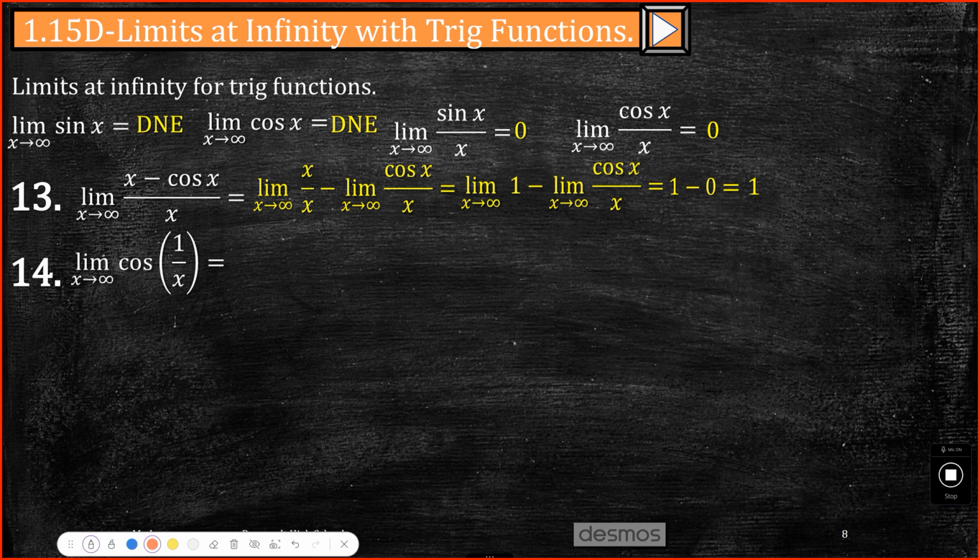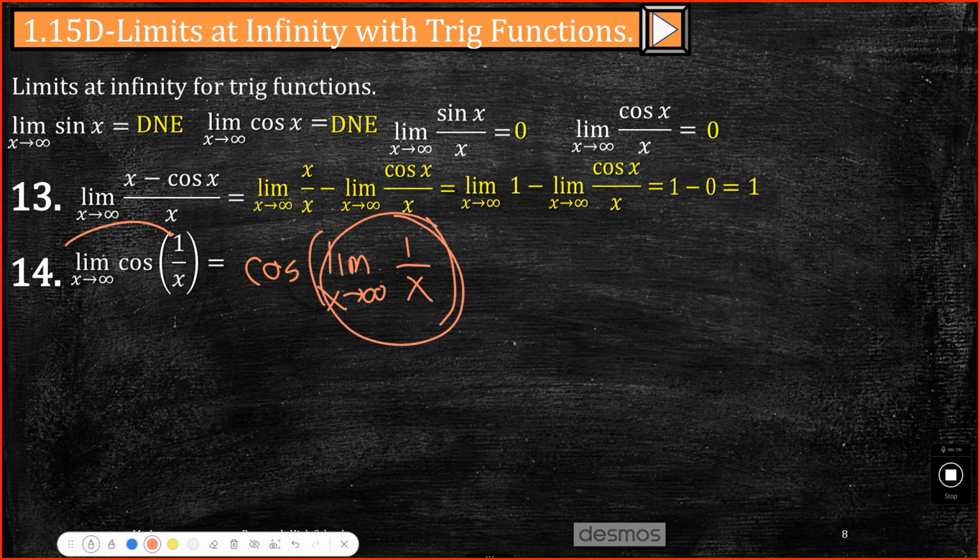And this last one, we're going to distribute this inside here. So this is going to be cosine of lim x approaches infinity of 1 over x. So the limit as x approaches infinity of 1 over x gets really big. So 1 over a million, 1 over a gazillion.